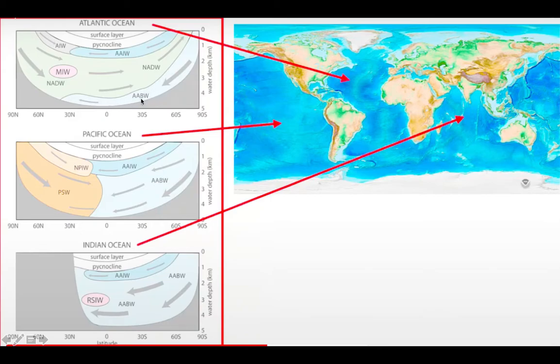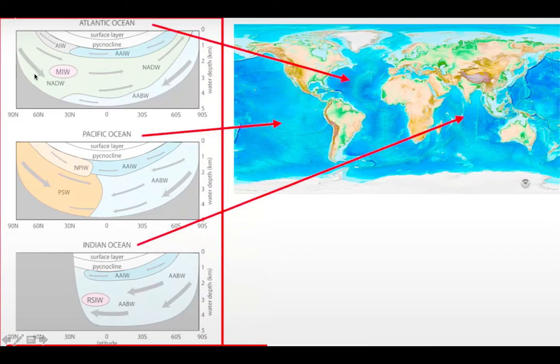The deepest one is your Antarctic bottom water. And why is it in the deeper region? Because it is the coldest one and it has more salinity too. As you move up, the temperature will simply increase, and salinity will also decrease. We have some exceptions like MIW.